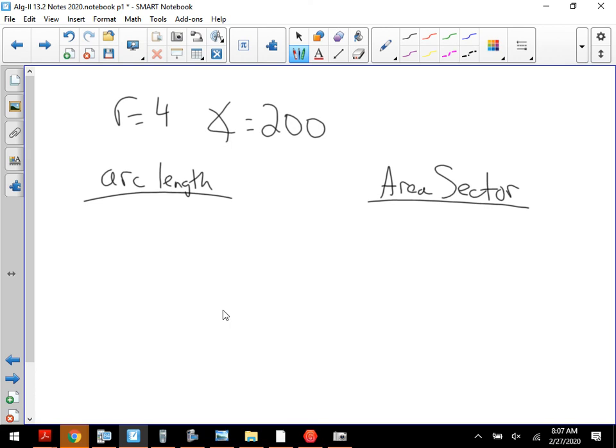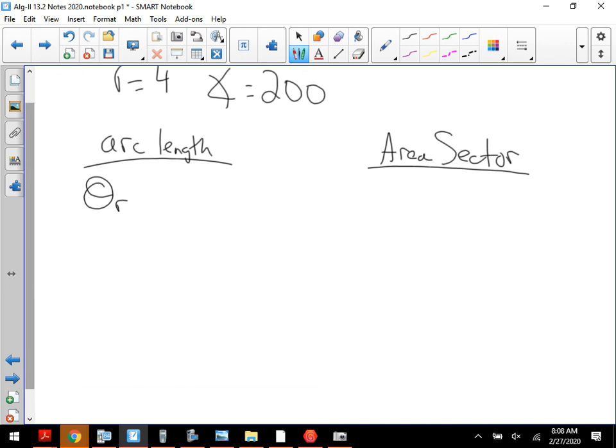So the arc length is going to be theta times the radius, but we need to get our angle into radians. So we start with 200 pi over 180, and then times 4. When you write it out, that's what it should look like, because you're automatically converting and going from there. Now it's a matter of simplifying, and this is where the easy part goes.